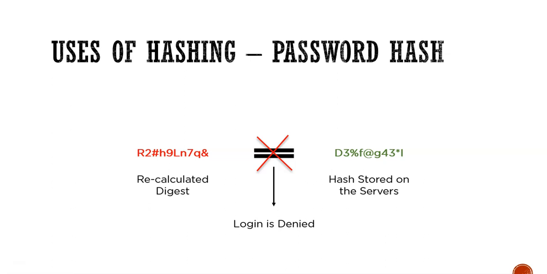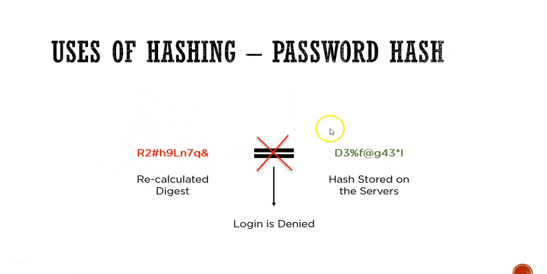How could hashing be used in verifying the password? Now let us say when you store a password directly on the server, the admin who has access to the database will be able to access your password. Instead of storing the password as such, we can store only the hash value of the password. Whenever a new password is given, you get a hash value of the new password.